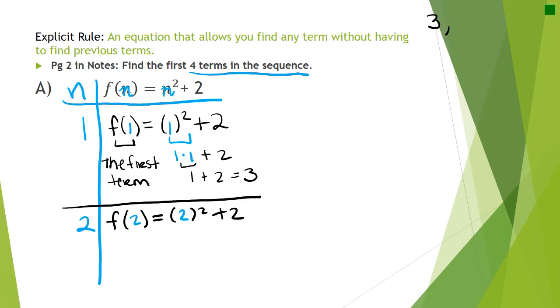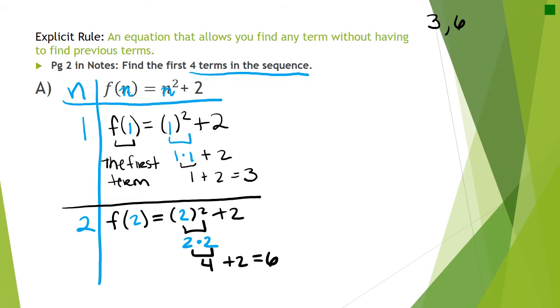And we read this one now as the second term. So the second term in our sequence is going to be, 2 squared means 2 times 2. So what is 2 times 2? That's 4 plus 2. So our second term is going to be 6. So our next number in our pattern is going to be 6.